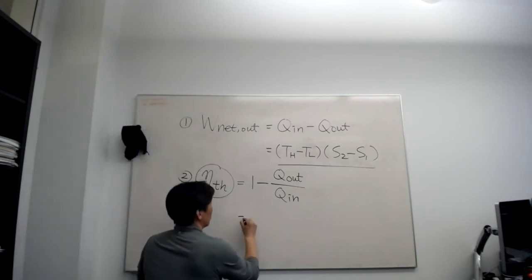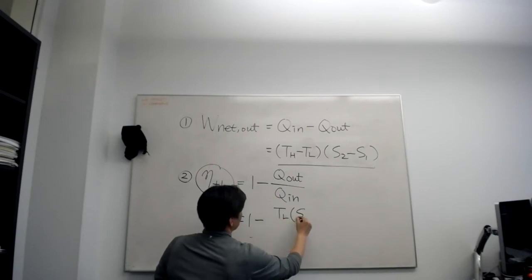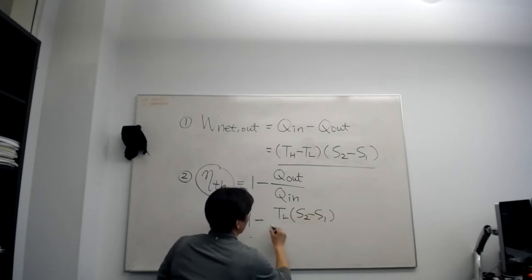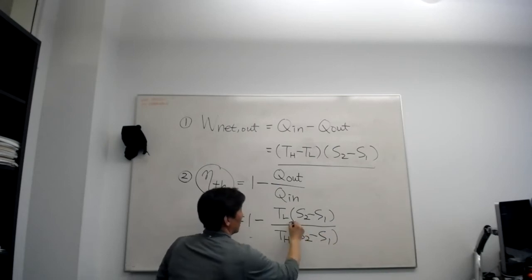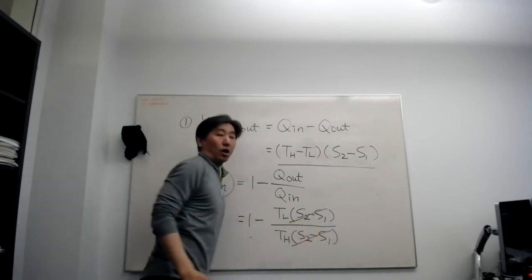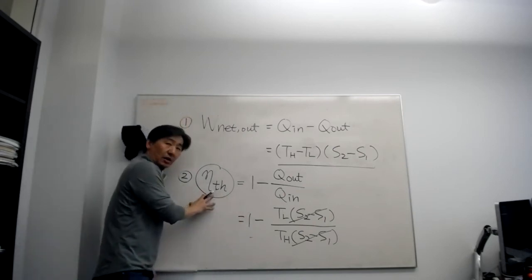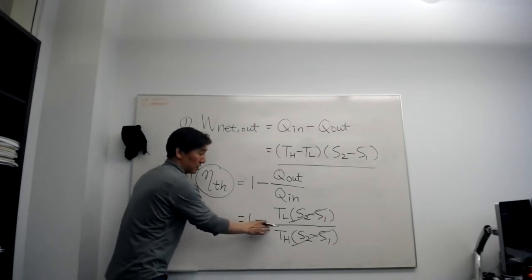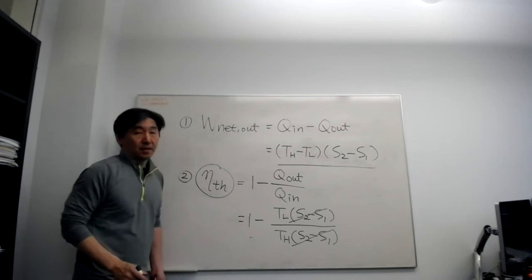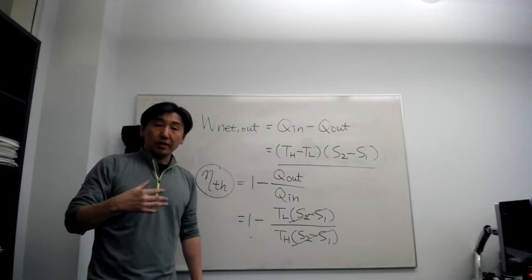So we know that Q out is TL times (S2 minus S1) and Q in is TH times (S2 minus S1), and these two common terms are gone. So the thermal efficiency of the Carnot cycle can be expressed as 1 minus TL over TH. As long as you know the temperature, the top and the bottom, you can calculate the efficiency of the Carnot cycle.